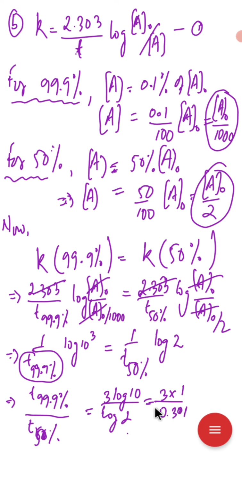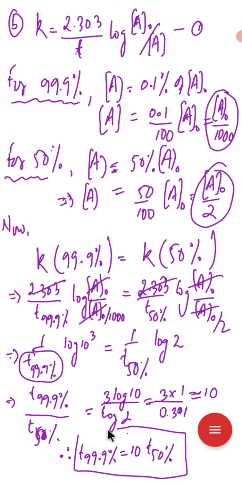So if we divide 3 by 0.3 approximately, this is approximately 10, right? So therefore t 99.9% is approximately equal to 10 times t 50%, right?